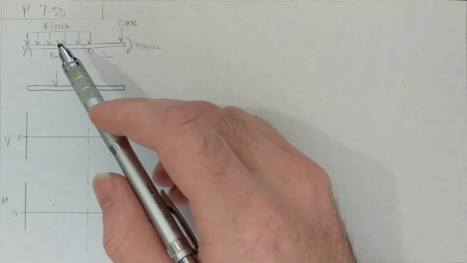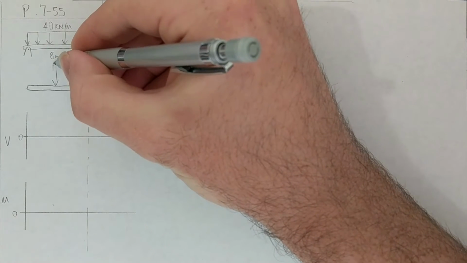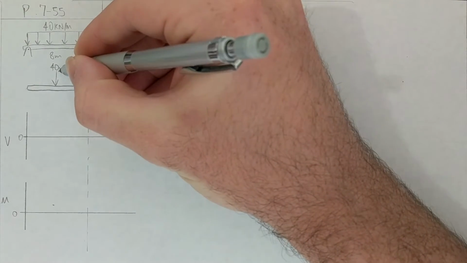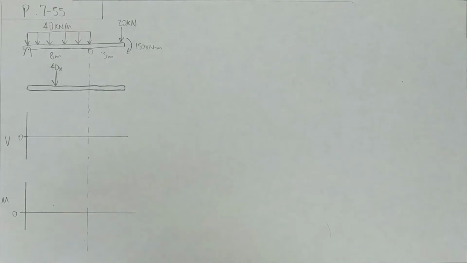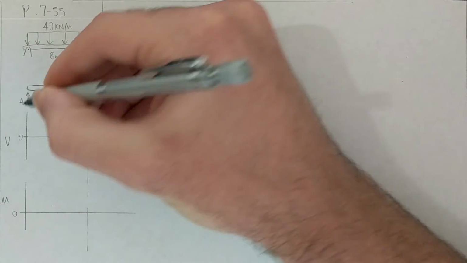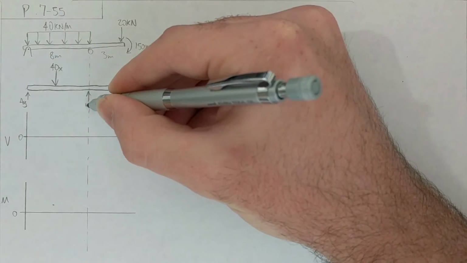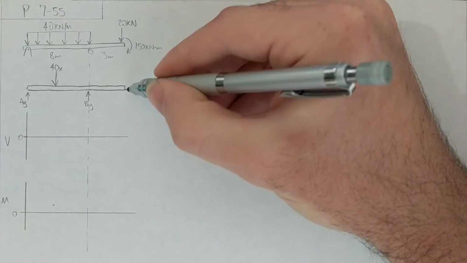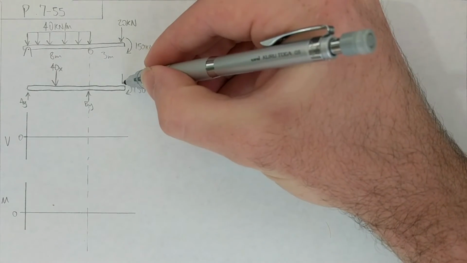We know this is an equivalent load of 320, but I'm going to go ahead and write this as 40x right here. We're just going to do this point load so that we can do our moment summations for finding our AX and our AY and our BY. We've got 150 over here, and we have 20 here.